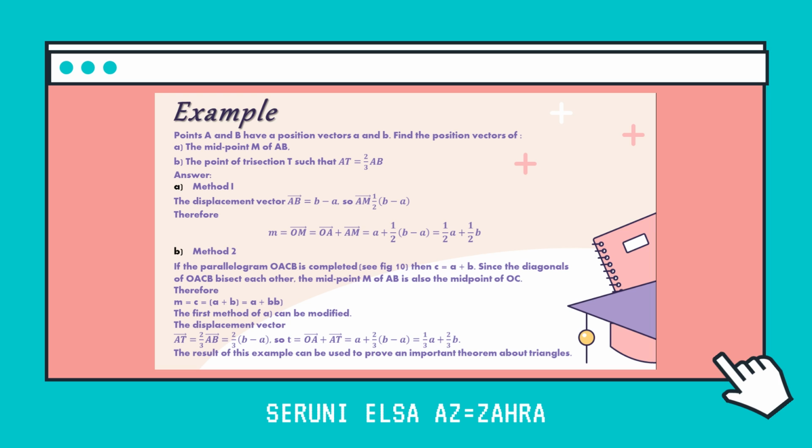The first method of (i) can be modified. The displacement vector AT equals 2/3 vector AB equals 2/3 (b minus a), so t equals vector OA plus vector AT equals a plus 2/3 (b minus a) equals 1/3 a plus 2/3 b.